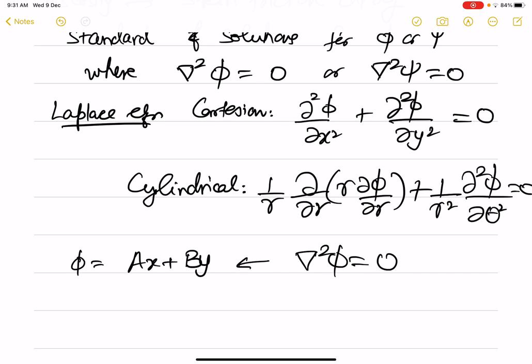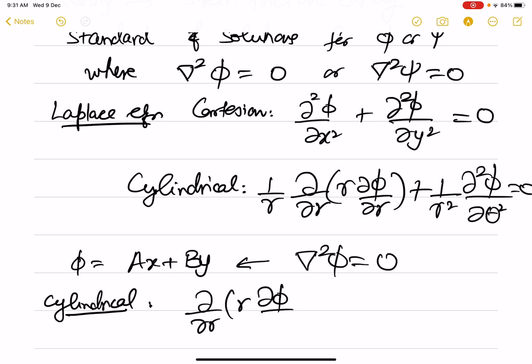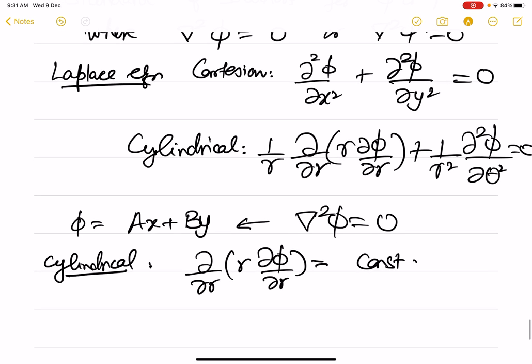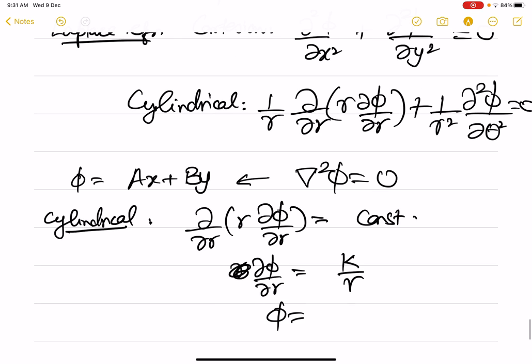Also, let's try to think in cylindrical coordinates. If we have d by dr of r d phi by dr equal to a constant, that means r d phi by dr will be equal to k, d phi by dr will be equal to k by r, and phi is equal to k log r.